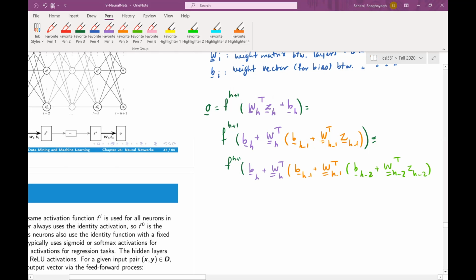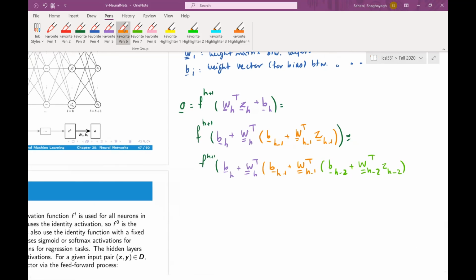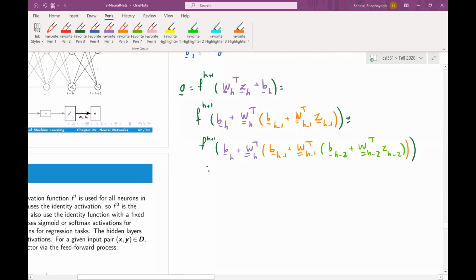So you can see that easily we can go and expand this kind of formulation until we get to the first input layer. So we can rewrite this whole output according to the input layer.